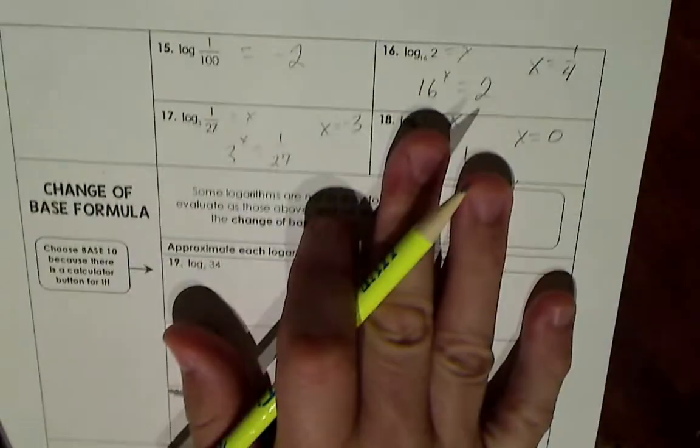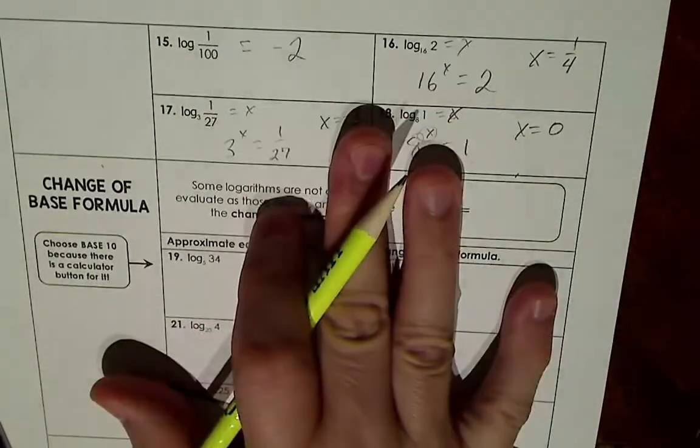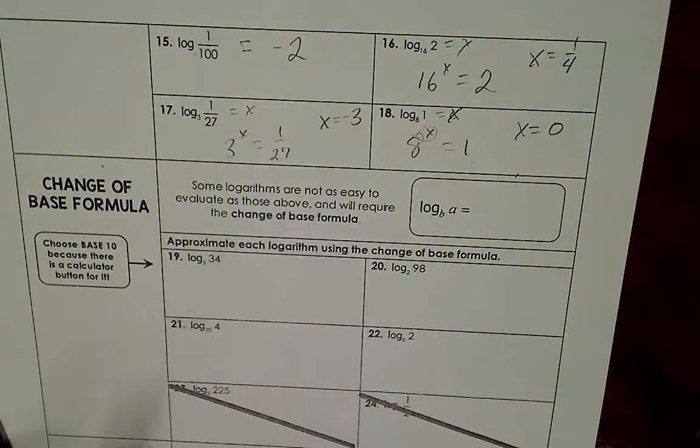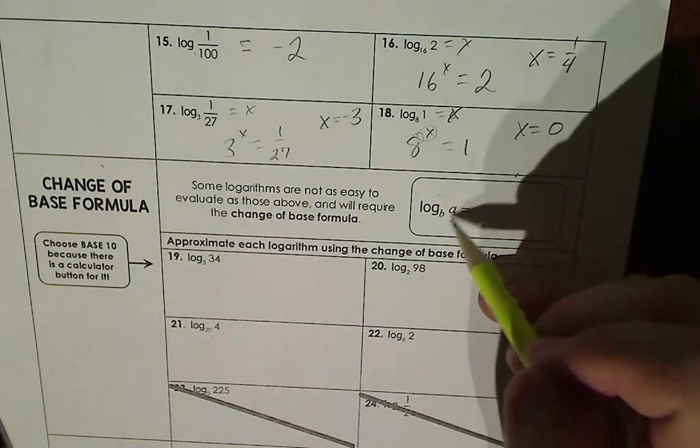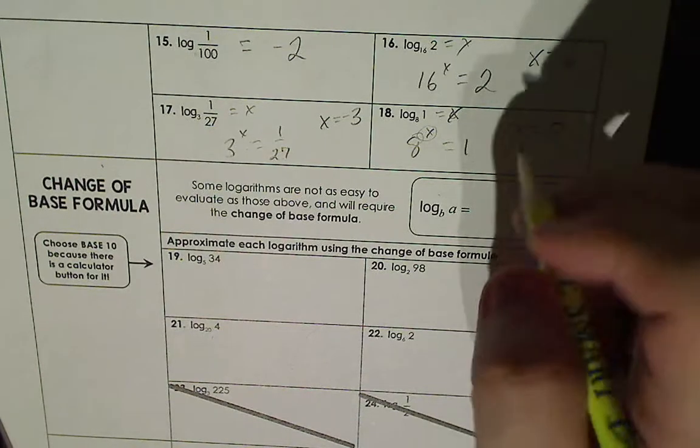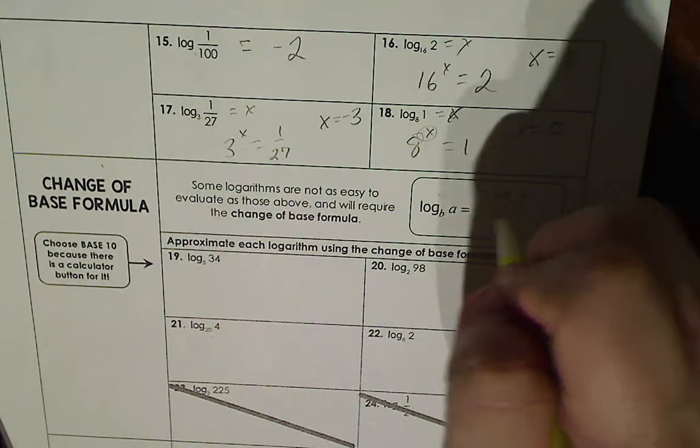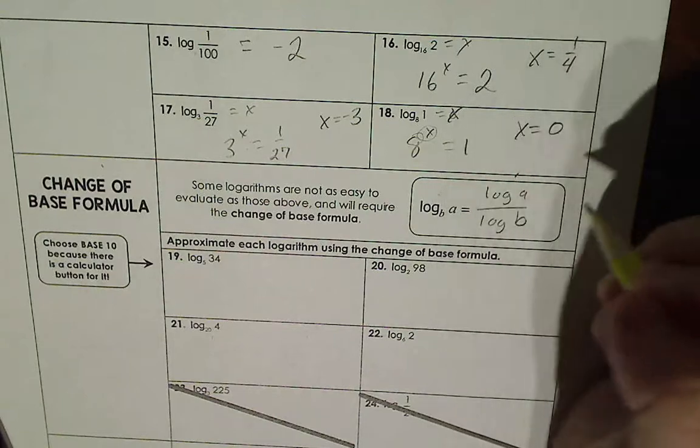Now, what happens if you don't know your roots, you don't know your powers, and things like that? Then we can do something called change of base. Change of base essentially says if you have log base b of a, you can convert that into log of a divided by log of b. Why is this important?